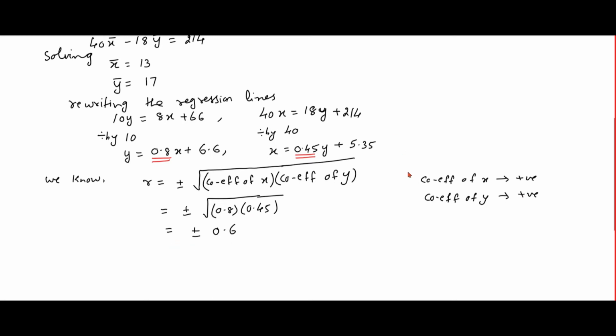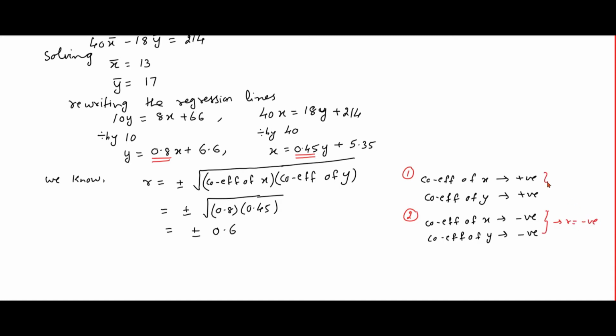This is one case. The second case is that if the coefficient of x is negative and the coefficient of y is also negative, in that case the value of r will be negative.